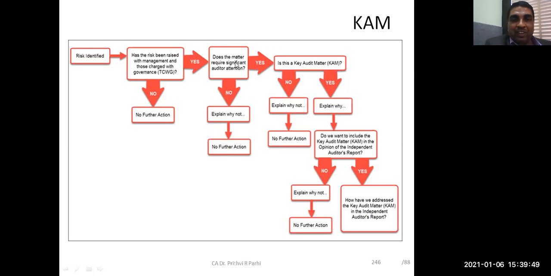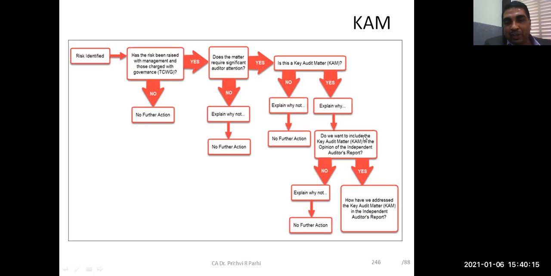But if it requires significant attention of the auditor, then we have to judge, is this a key audit matter? If it is not, then explain why it is not, then no further action. But if it is a key audit matter, then please explain why it is a key audit matter.